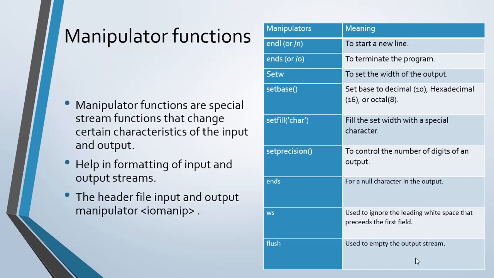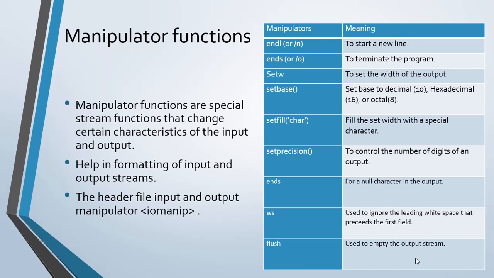For example, if we need a space between two of our outputs, we will use the manipulator endl so that in our output screen we have a new line between two of our lines. Many manipulators are available. Some of the manipulators such as endl or setw can be used just by calling iostream.